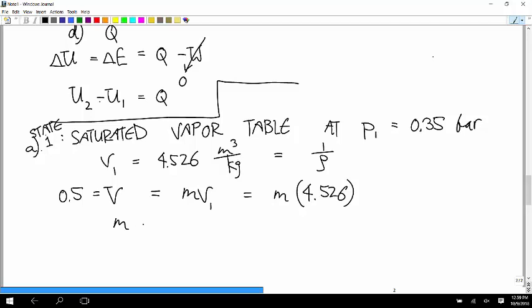And so the mass is 0.1105, something like that, kilograms. Okay, so if you know those total properties and you know those specific properties, you can use the relationship between those two to calculate the mass. That's true of specific internal energy, specific volume.